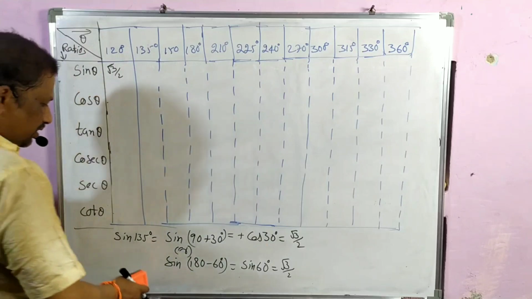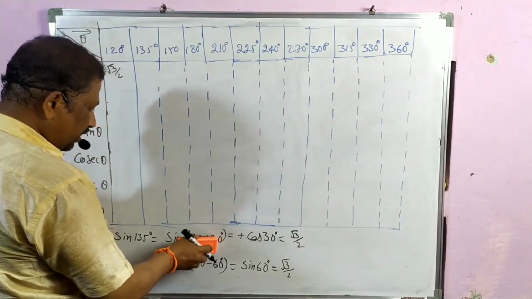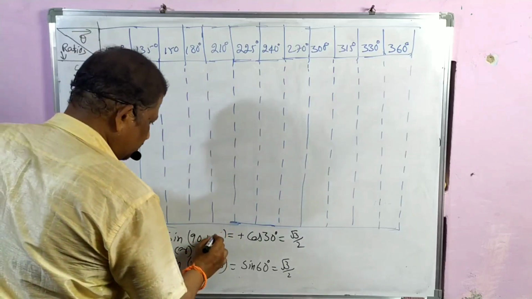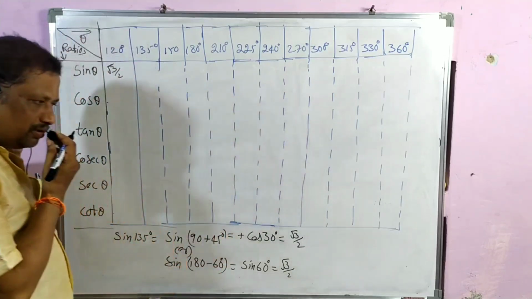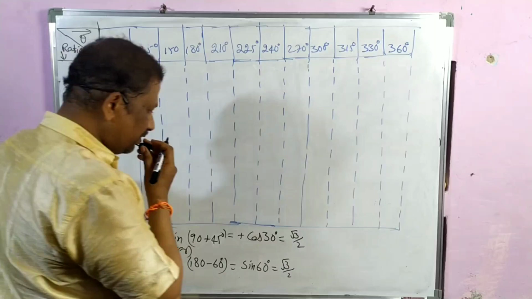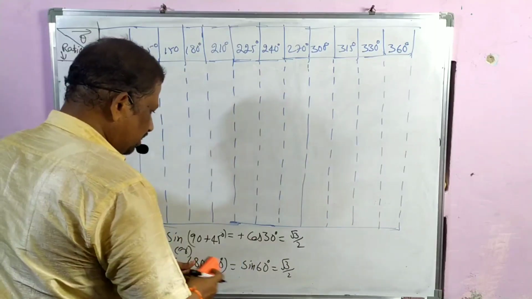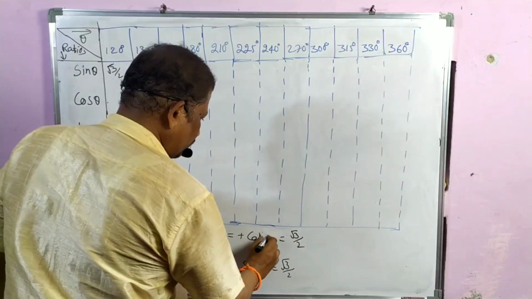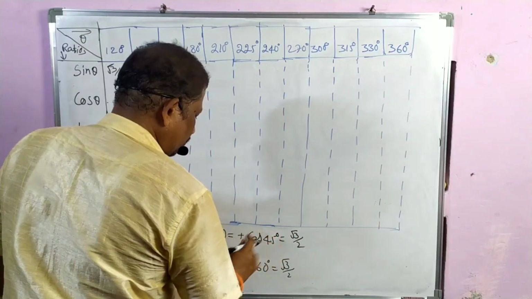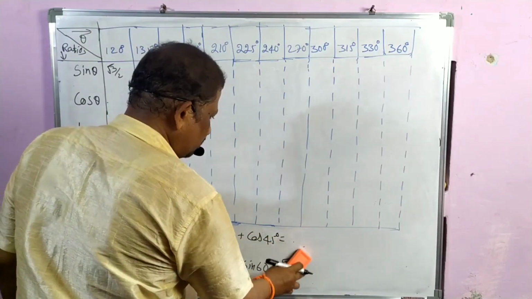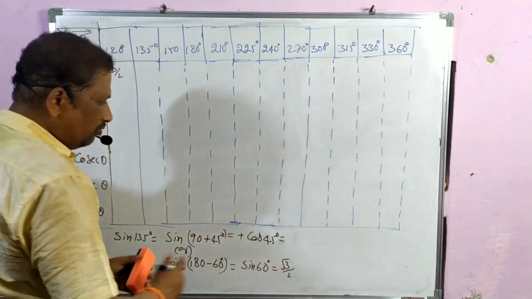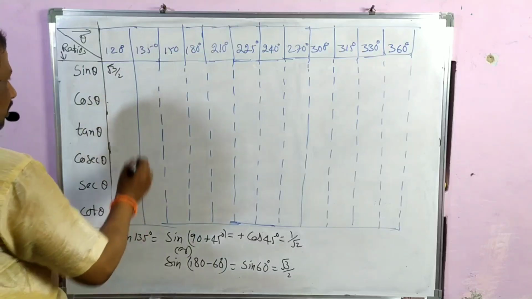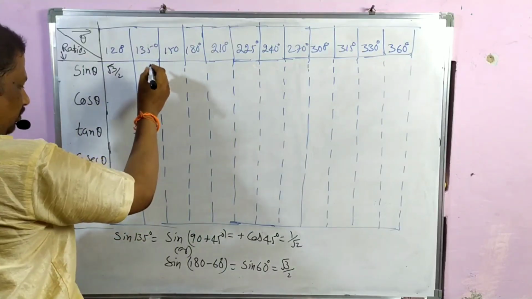In the same way, sine 135 degrees can be written as 90 plus 45 degrees. 90 plus 45 degrees means the ratio changes, so here it becomes cos 45 degrees. What is the cos 45 degrees value? 1 by root 2.